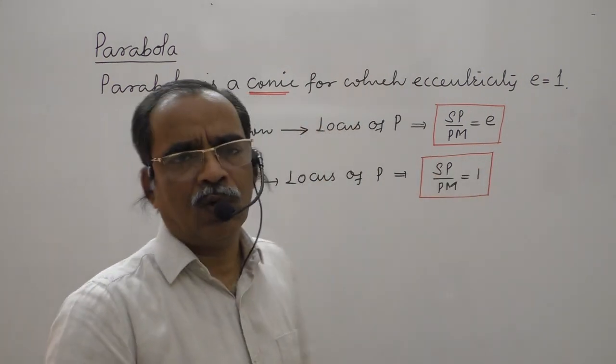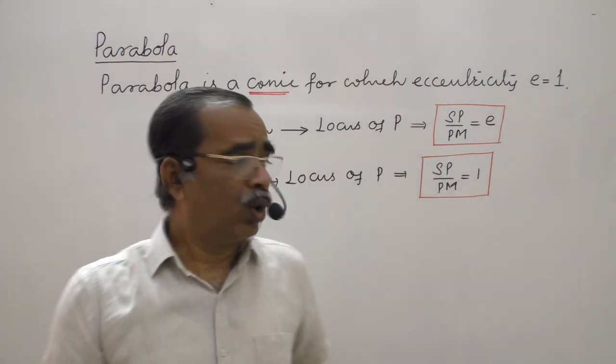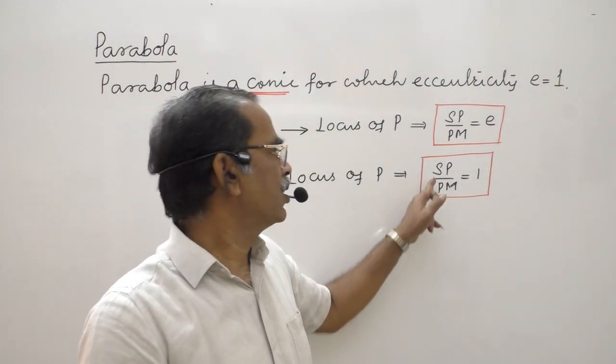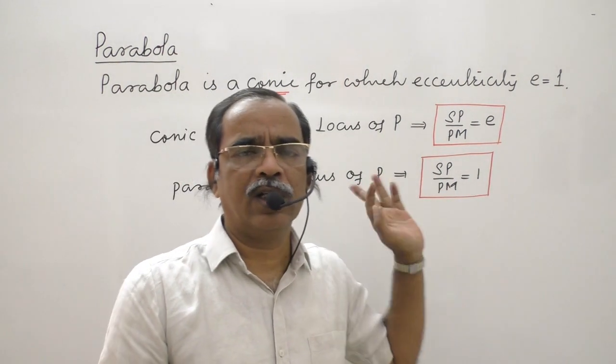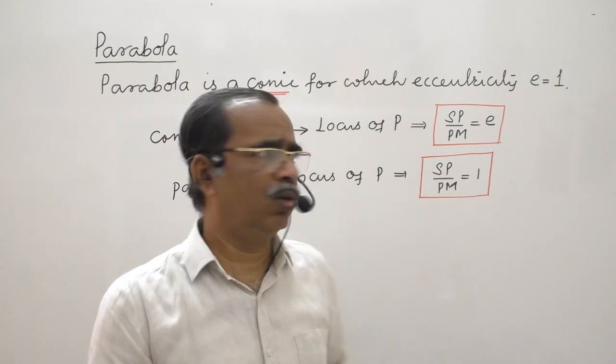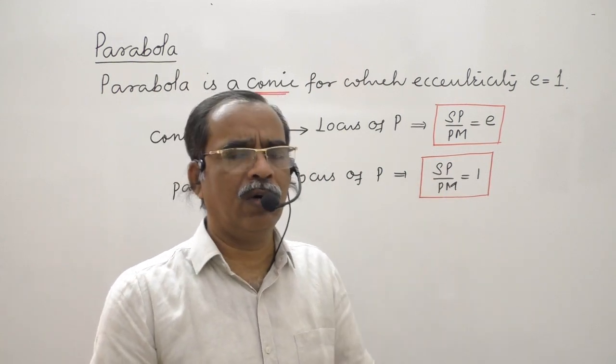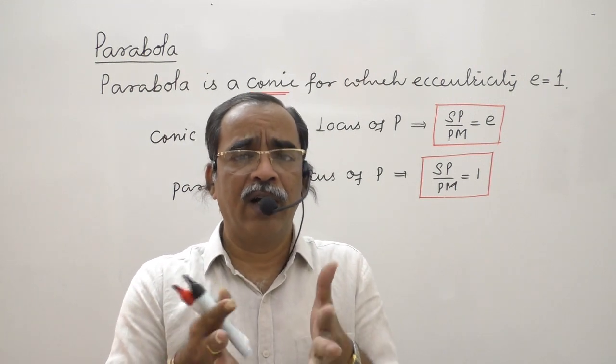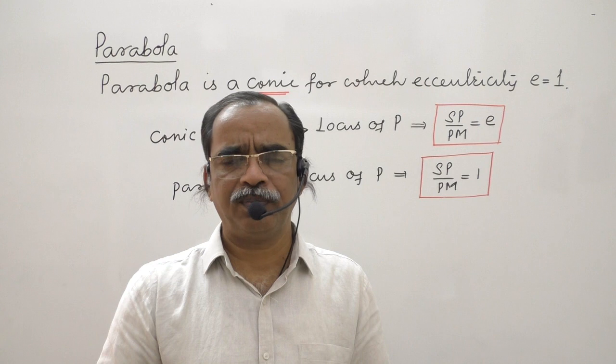That's all. Okay, this is the parabola. Parabola is a locus of a point P satisfying the condition SP by PM is equal to 1, or simply SP equal to PM.